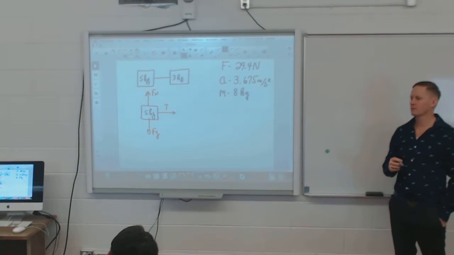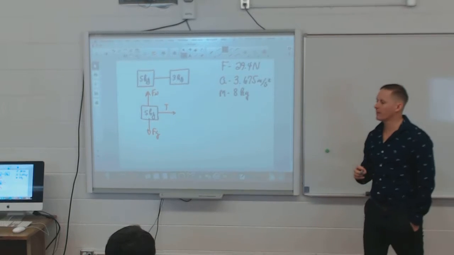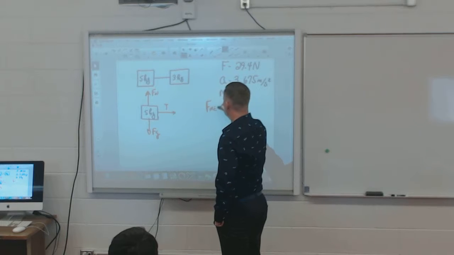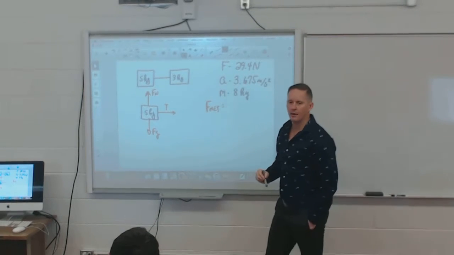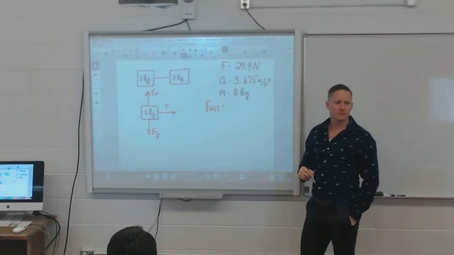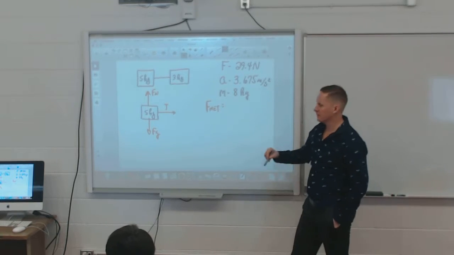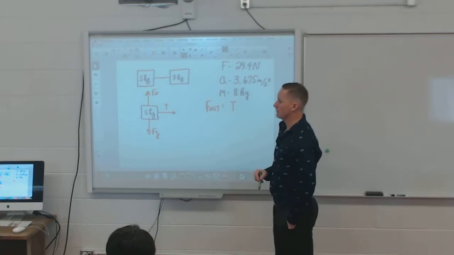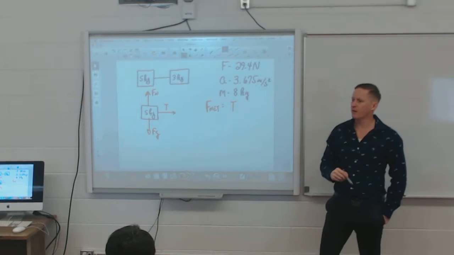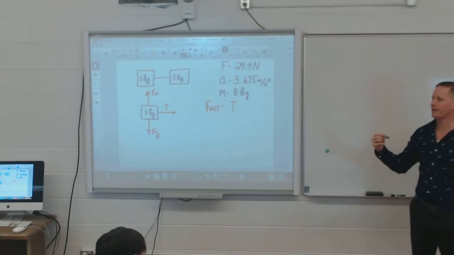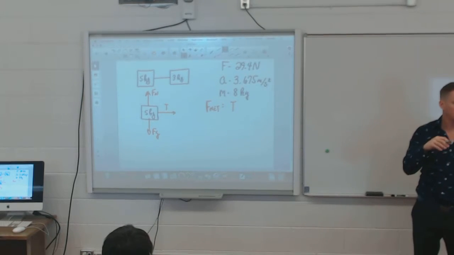Okay, so take my mass. What is my net force equal to on that 5 kilogram? What's moving it? Tension. Subtract my friction, which isn't there, right? So the only force acting on it is tension. Therefore, the net force on it is just tension.